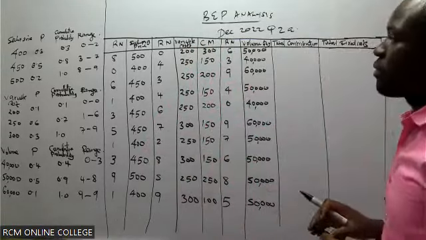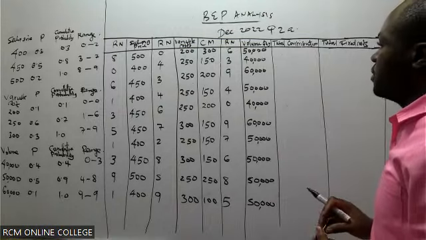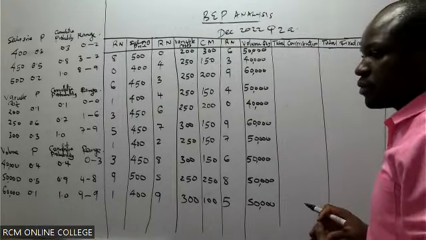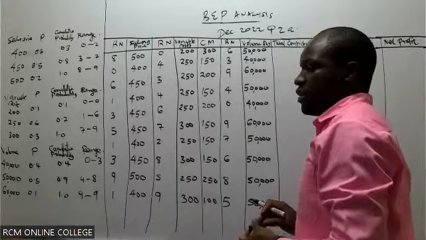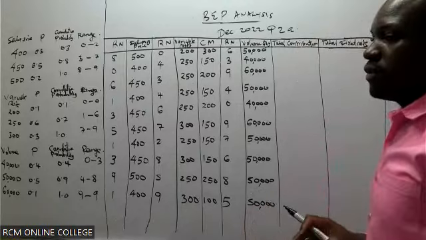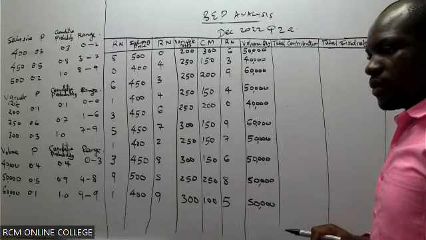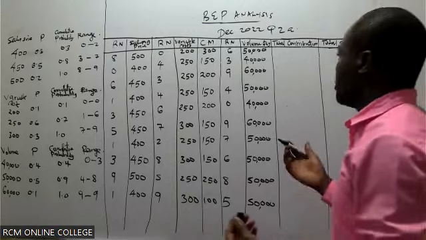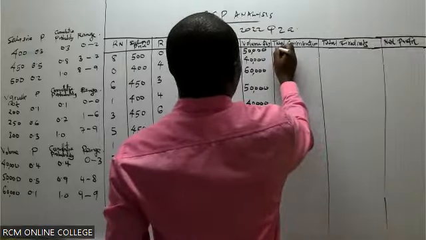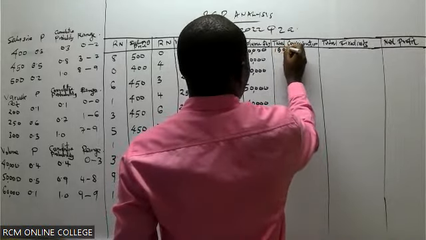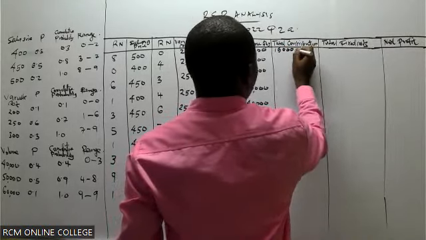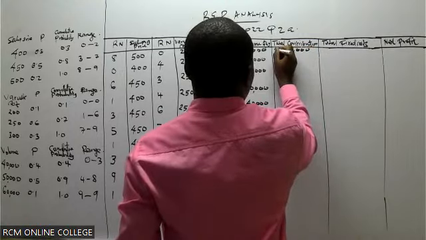The first one, 300 by 50,000, 15 million. Somebody to confirm. What will we have there? 15 million, is it? That is the first one, 15 million.